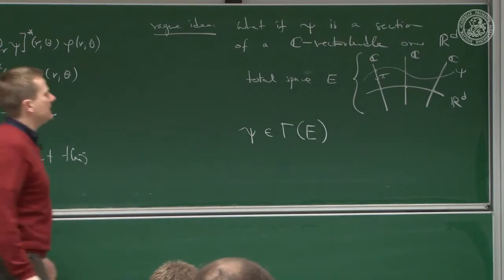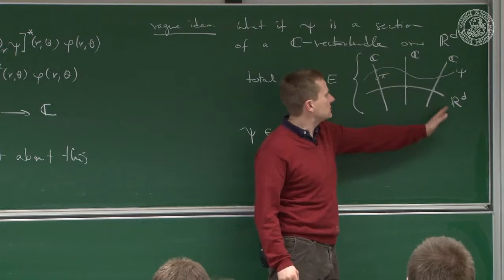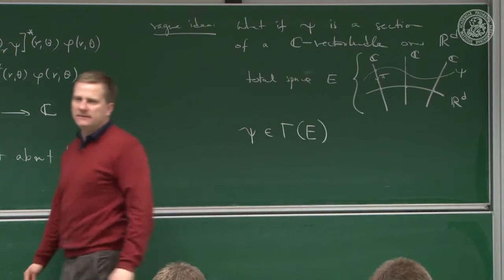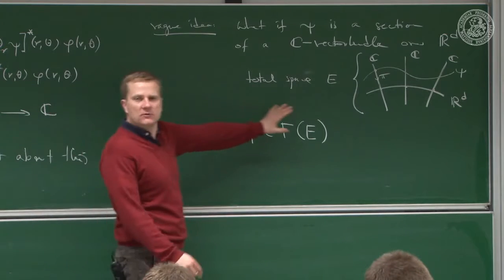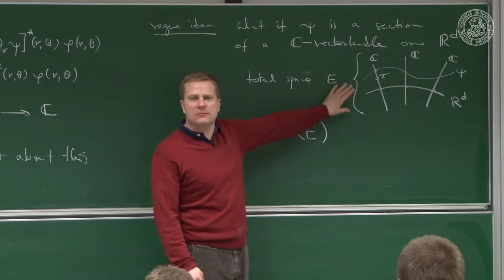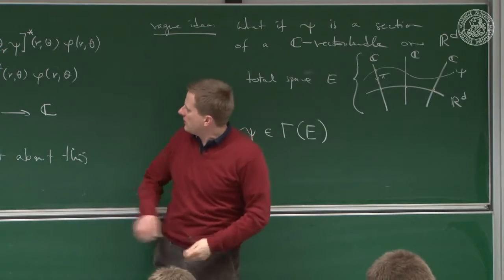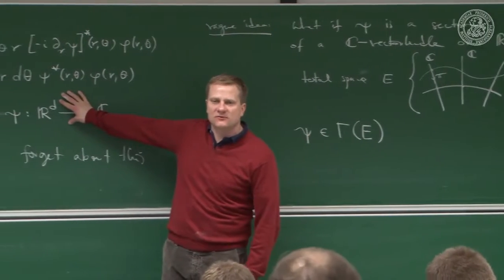And locally, yes, that looks like a function over R^d. But what's the difference if we turn to this view, which has this fantastic property of being almost the same as the standard view?